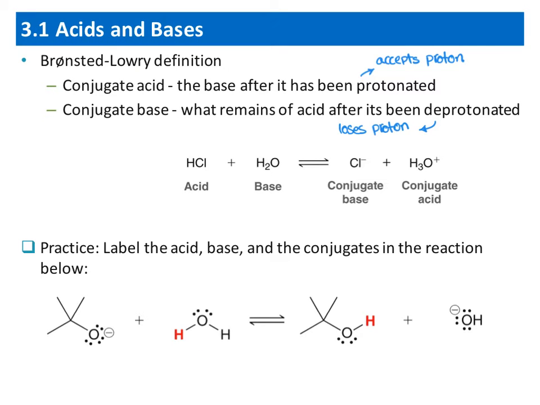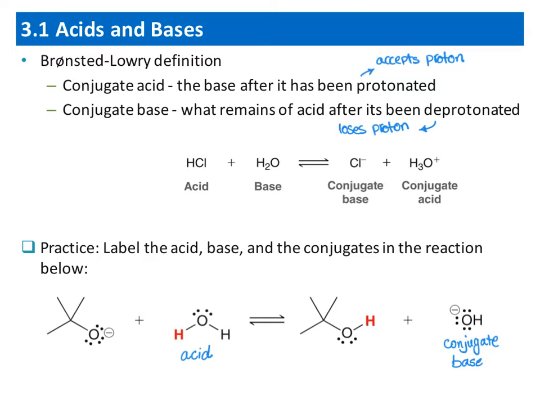So water here is our acid and forms the hydroxide anion, which is our conjugate base. So conjugate base and acid are similar species, they are just different in the number of protons that they have.